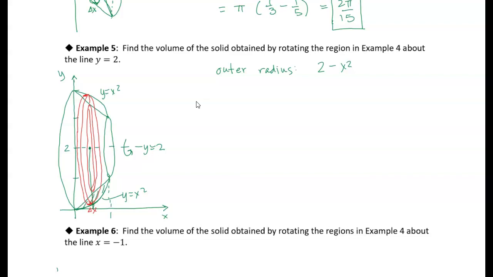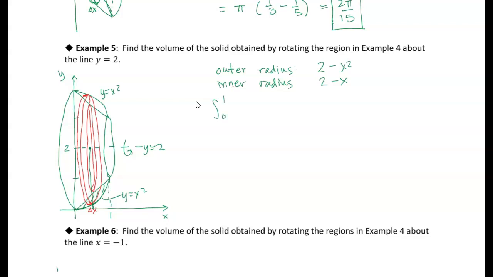And the same way with the inner radius. We're going to take 2 and then subtract that inside curve, which is the y equals x curve. So we get 2 minus x for the inner radius. So now we're going to integrate all these washers from 0 to 1.